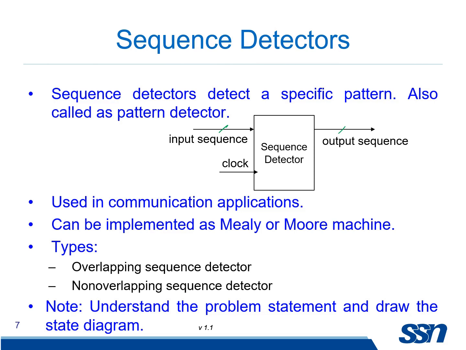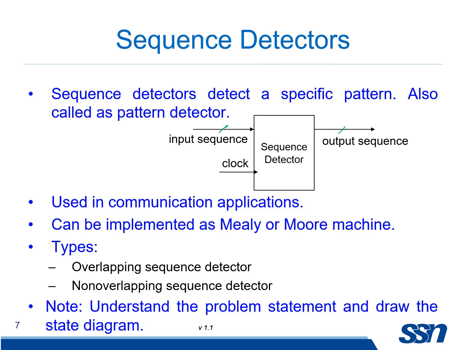So this is mainly used in communication applications, in digital communication, where you will be receiving a sequence of zeros and ones as the input. In order to detect the message, a specific pattern might be required. So for that purpose, you can use a sequence detector.